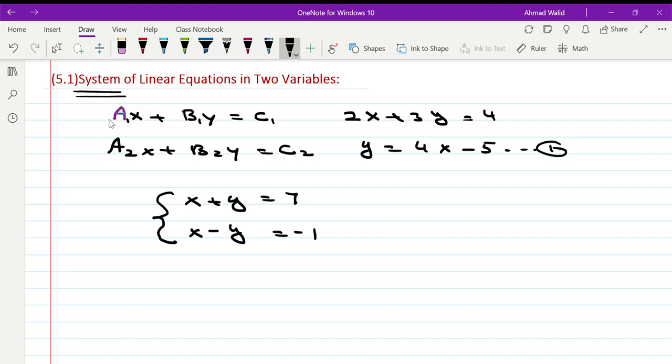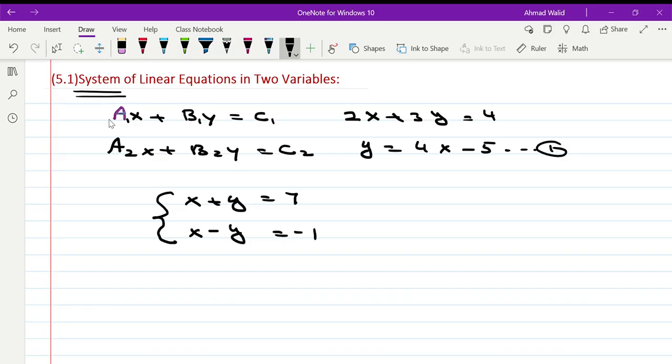If I have two variables, I call it a system of linear equations in two variables, and I get two equations. If I have three variables, they have to give me three equations at the same time, which we will cover in your book. Those are the long ones. I need three equations to find the values of x, y.